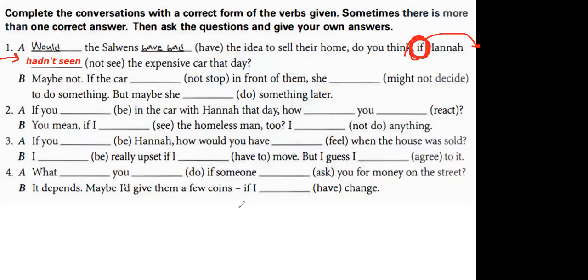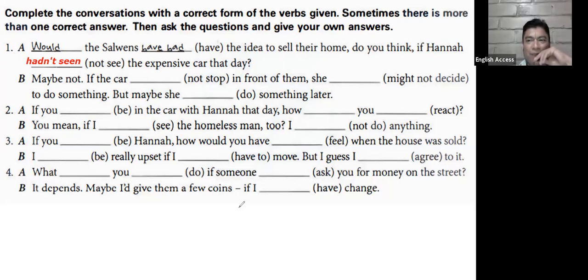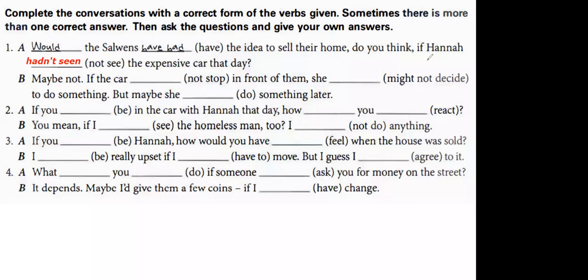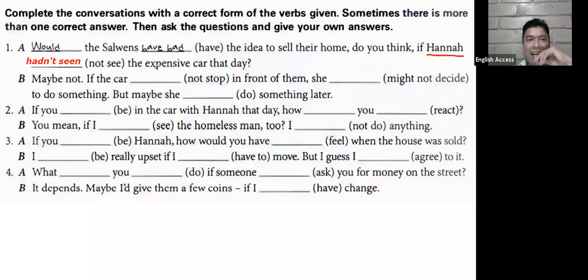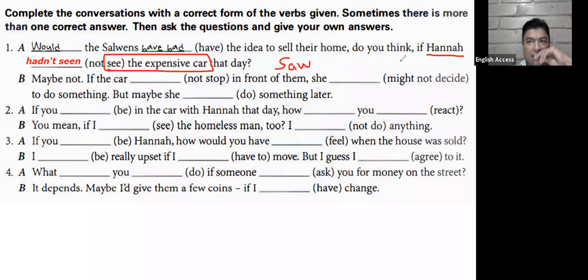Past perfect is past simple. That's the situation. Okay. Hannah, see or saw an expensive car? Saw. Simple past.